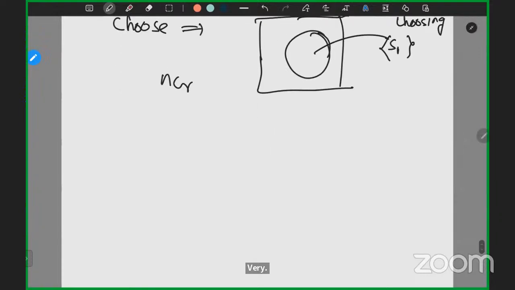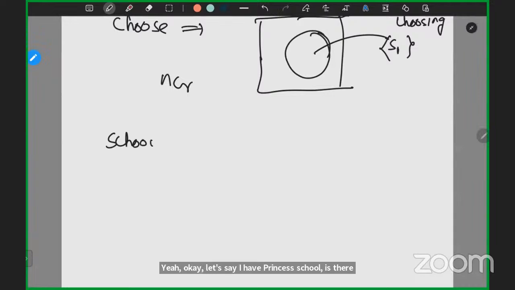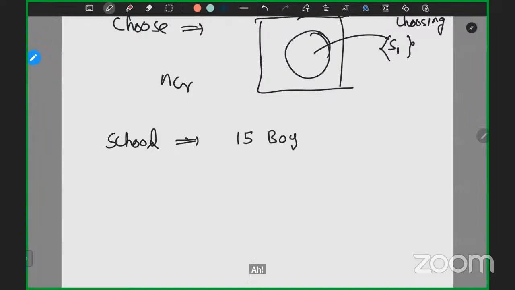Let me take an example again. Let's say there is a school, and 15 boys are there and 10 girls are there.